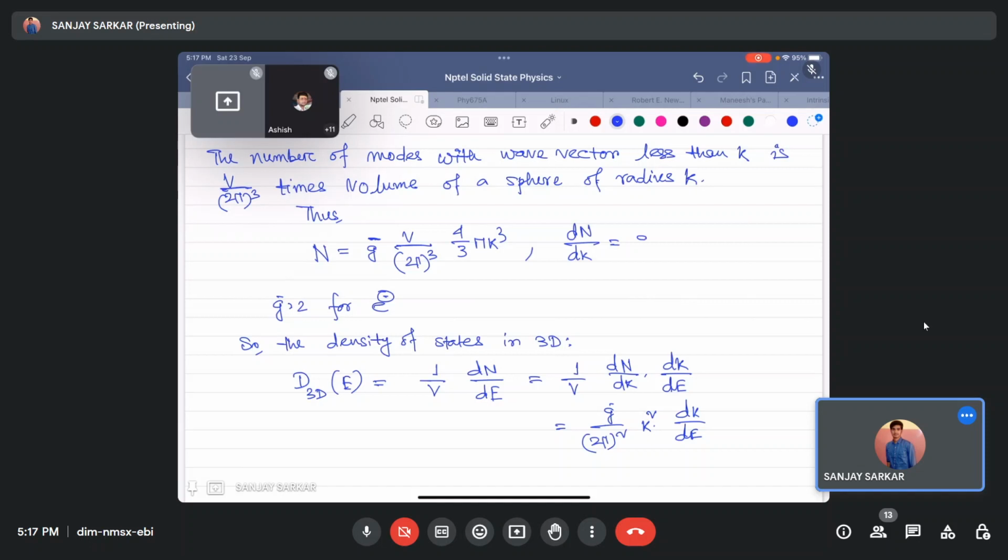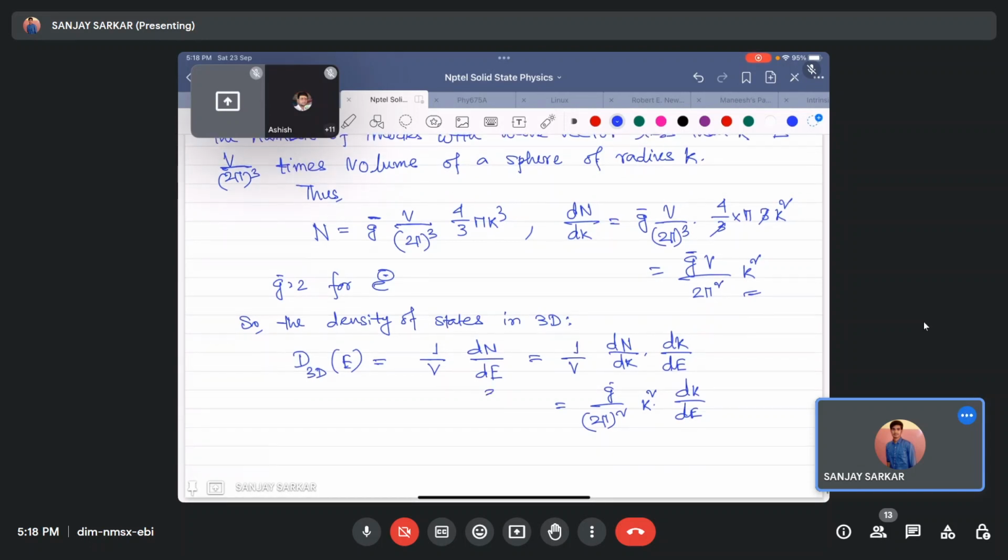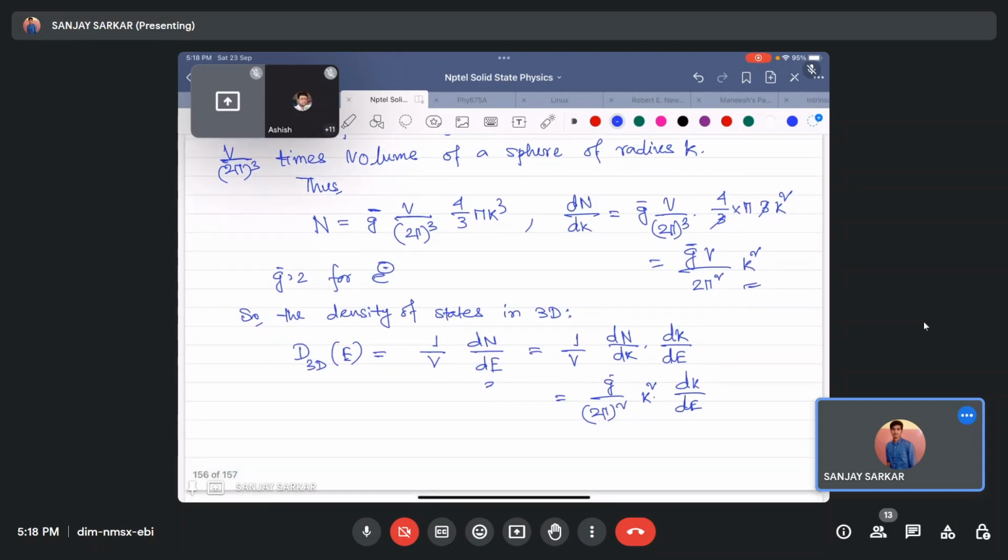What is ∂N/∂k? ḡ into V by (2π)^3 into 4/3 into π into 3k². So this 3 cancels out, 4π. So ḡ into V divided by this is 8π³. So basically we will have 2π² into k², right? Yeah. So ∂N/∂E is this value. So we have replaced this here, and we will get that it is ḡ by 2π² k² dk/dE.